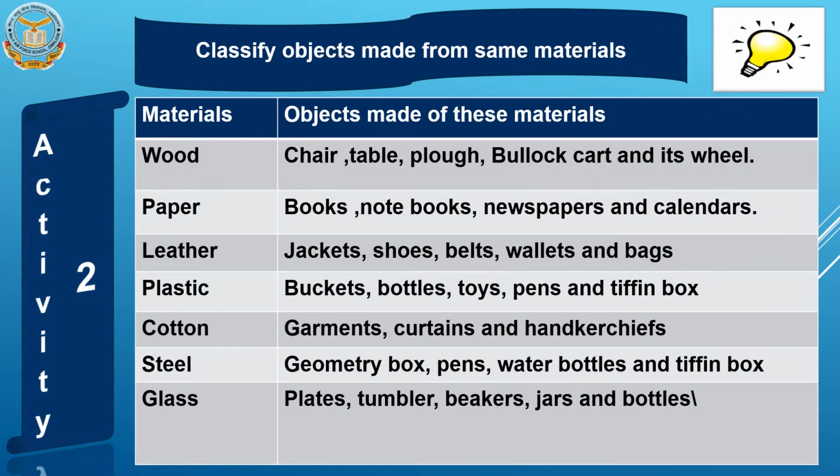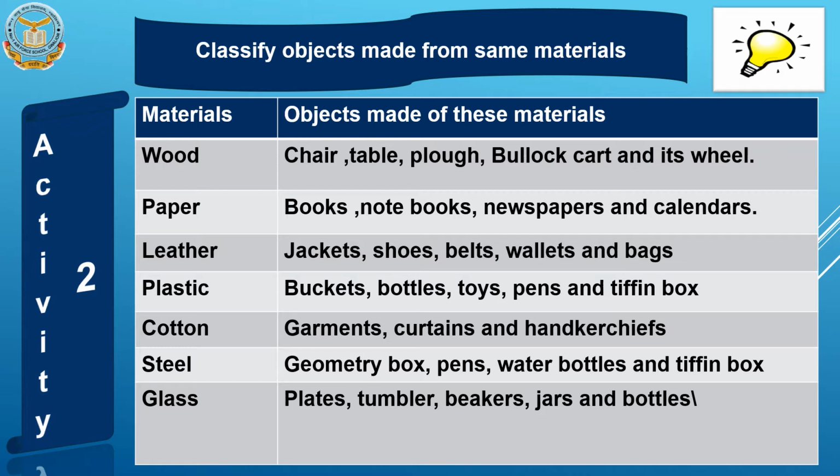In this activity, let us list some common materials and everyday objects that are mainly made of these materials. We find that objects around us are made of different materials. At times, an object is made of a single material. An object could also be made of many materials.